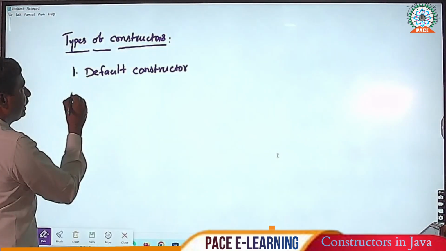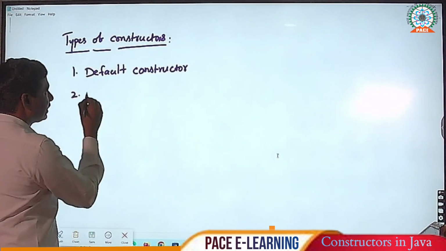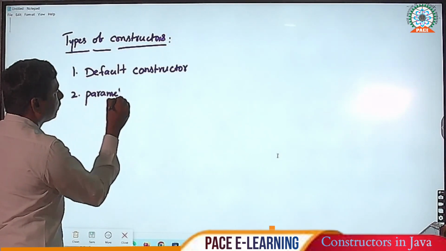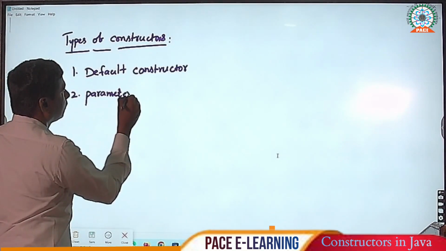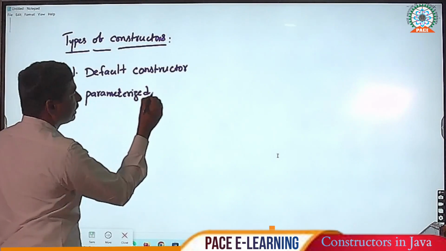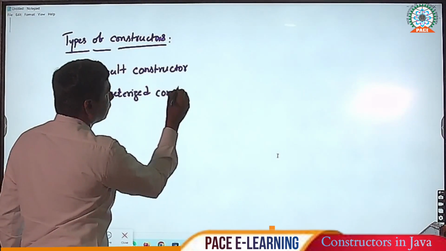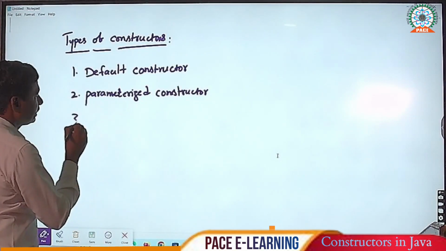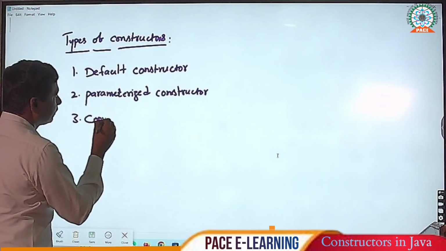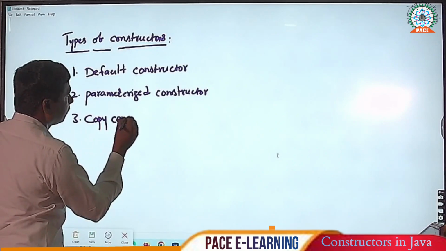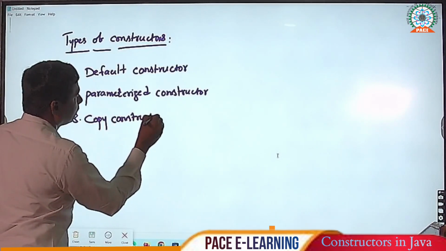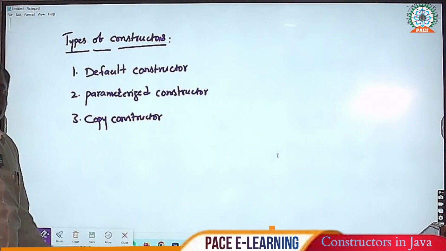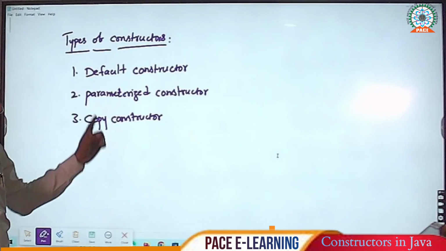Number 2 is parameterized constructor. And number 3 is copy constructor. These are the 3 different types of constructors.